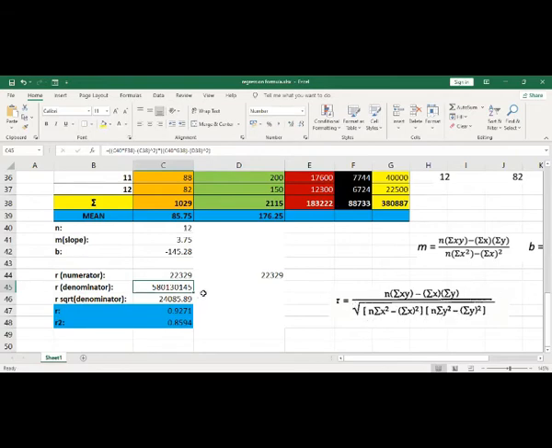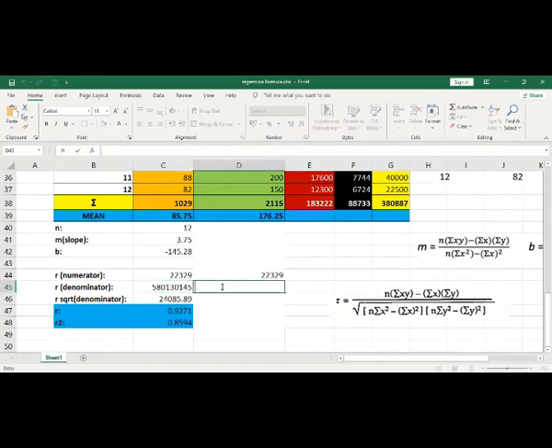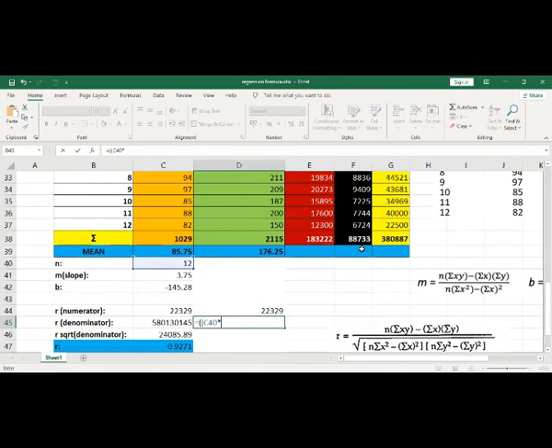Itong dalawang quantity na ito. Equals. Dalawang open parenthesis na naman para unahin ko itong n times the summation of x squared minus the summation of x raised to 2. Unahin ko yung n. Ang n natin is 12 times the summation of x squared, which is 88,733.